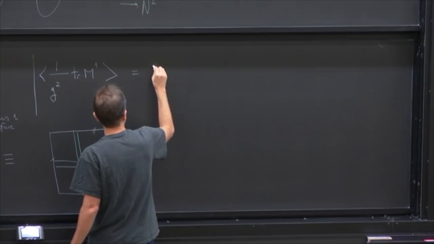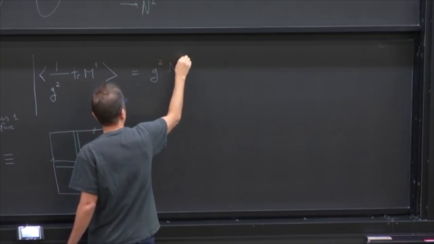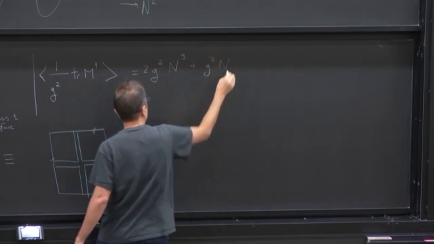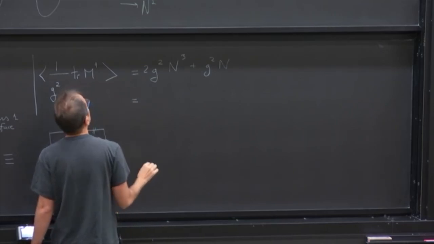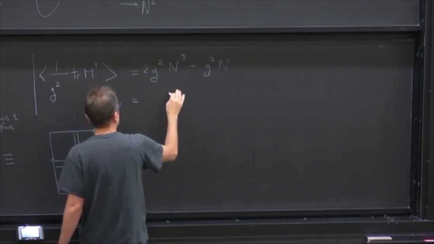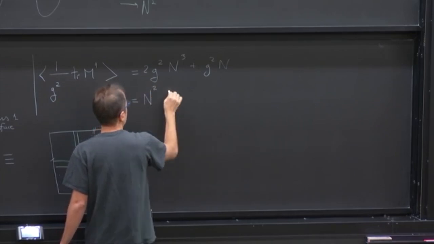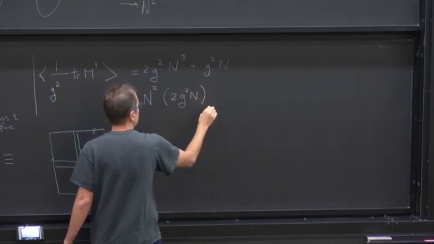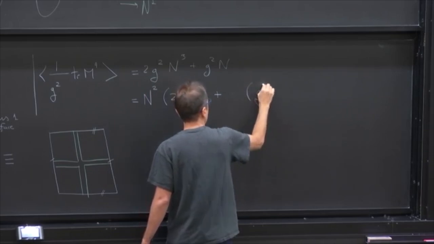Let me write first. It was g squared n cubed times 2 plus g squared n. That was the result. But let me rewrite this, knowing that the 't Hooft coupling is what we wrote up there. Let me write it as saying that this is n squared times 2 g squared n plus g squared n.